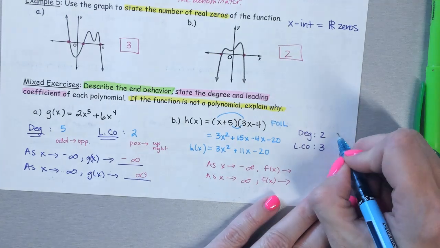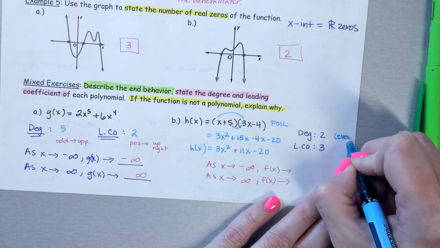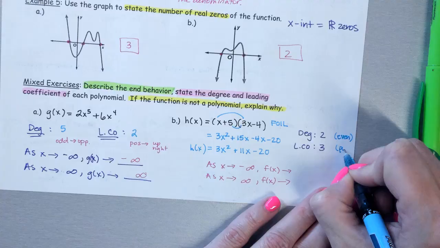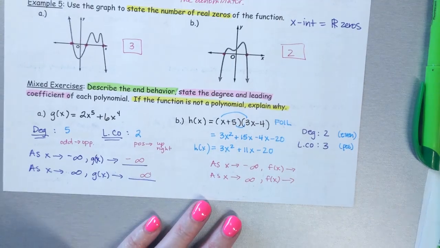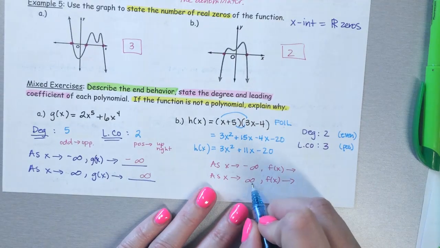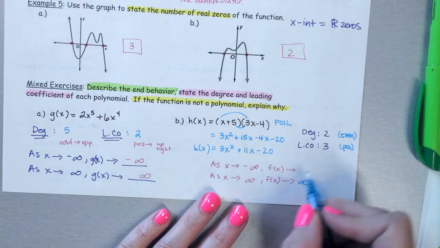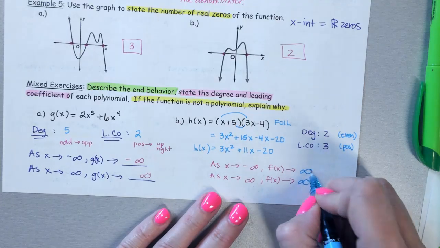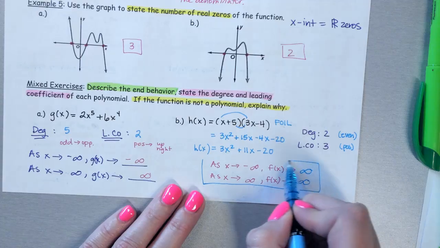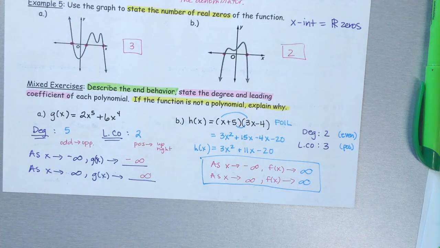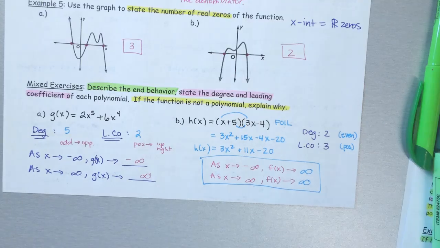So with the degree, it's even. With this, it's positive. Anytime the leading coefficient is positive, on the right side, it goes up. If it's even, they are going to the same place. So this is your end behavior. Okay. All right.